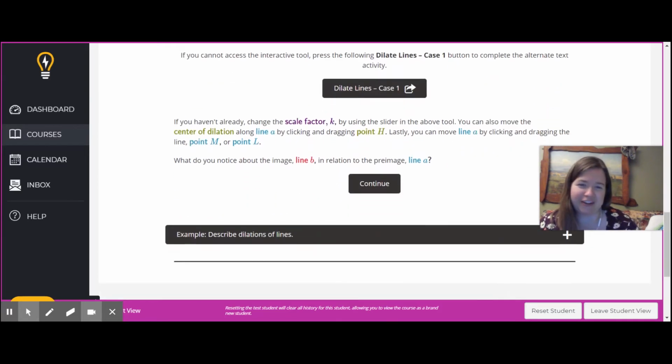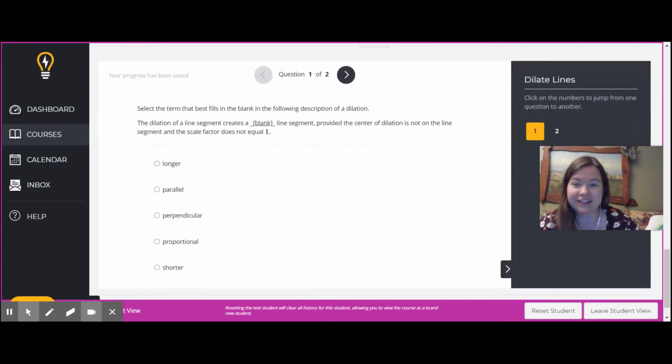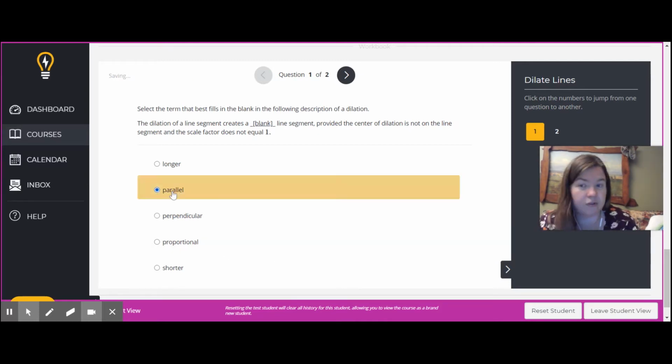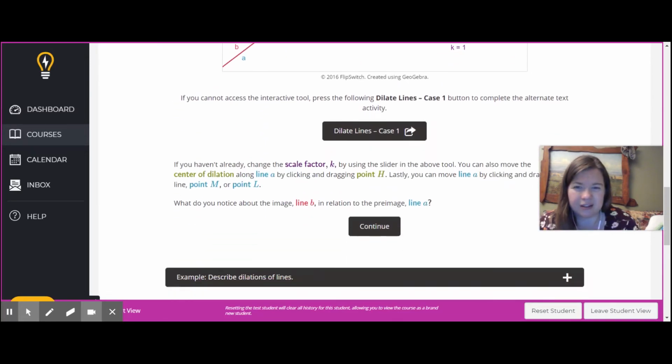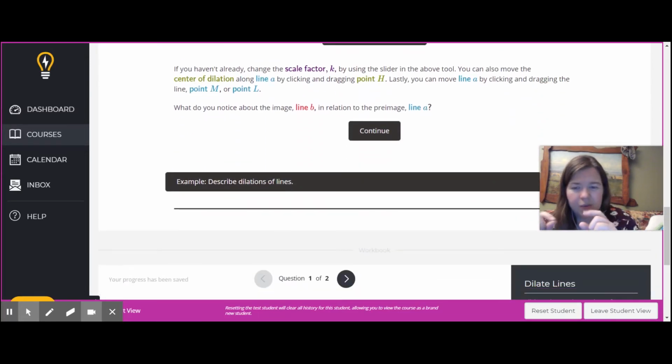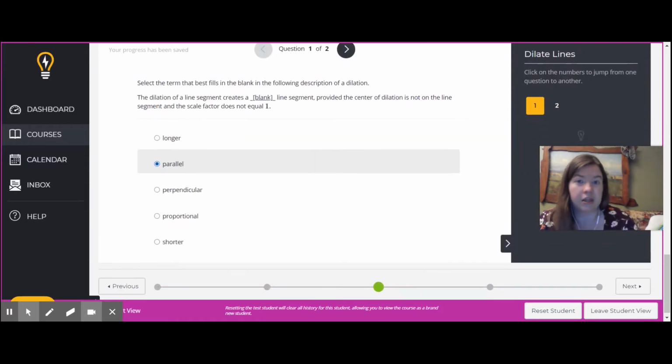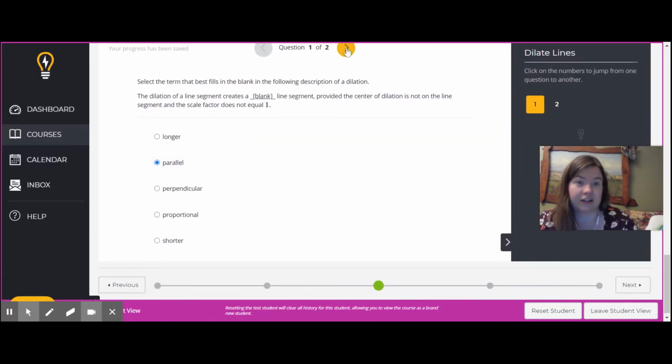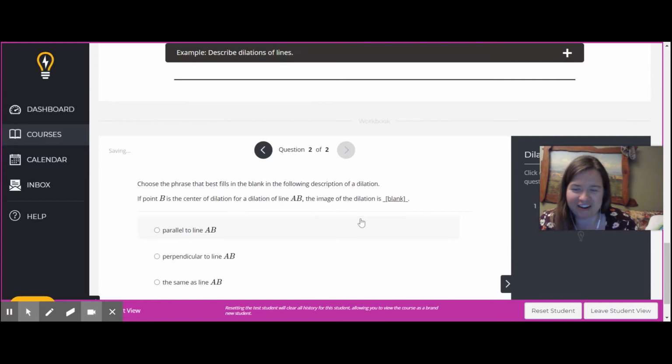So I don't know why they're talking about that. Anyway, the dilation of a segment, yes, you can dilate a segment, creates a line segment. It would be parallel though, because if you look at the last thing that we did in the last lesson, we had the center of dilation, it went twice as big, and the lines were parallel. So that was a really horrible description in the lesson. Now you've got it though.